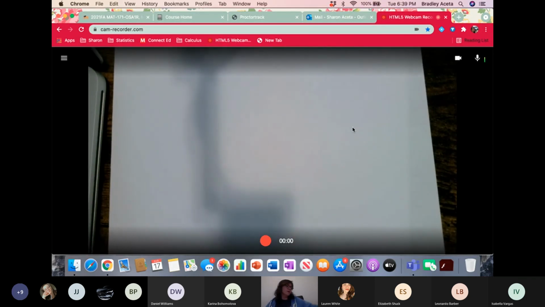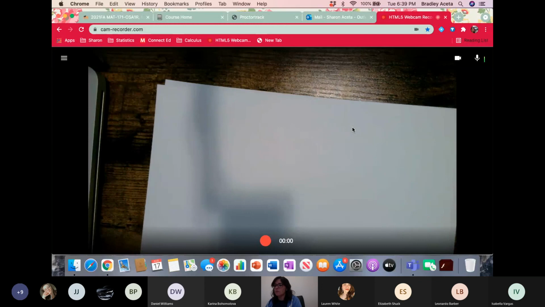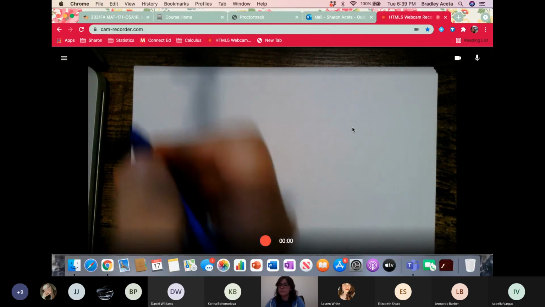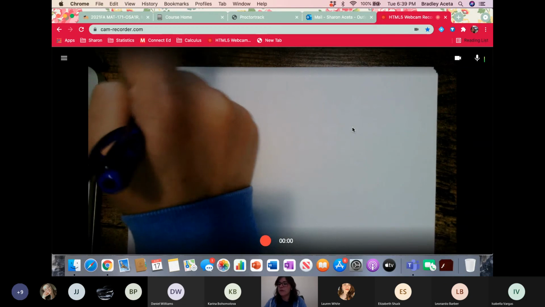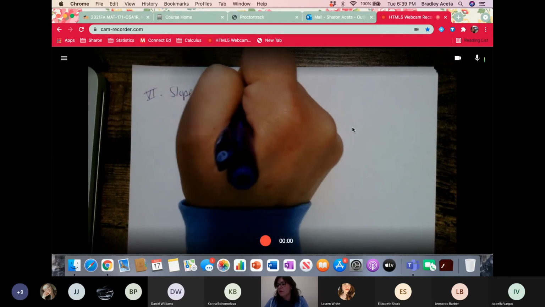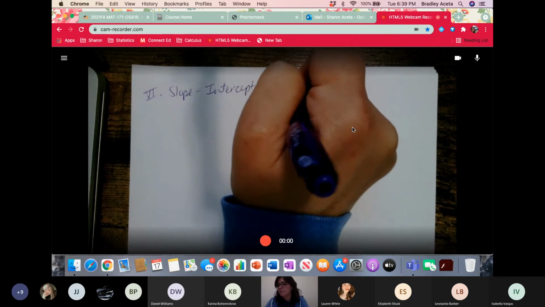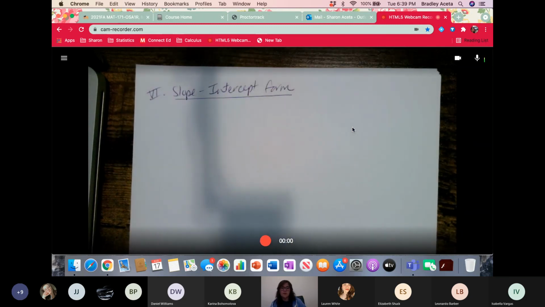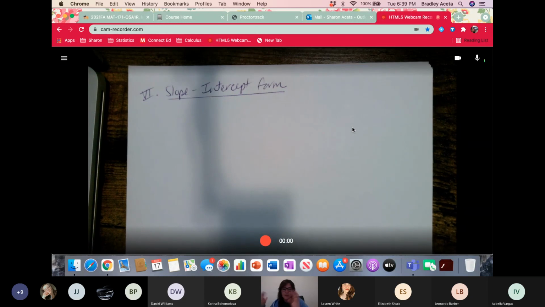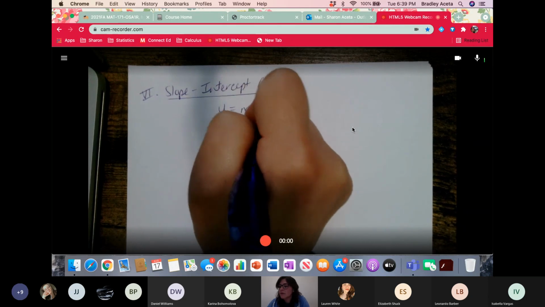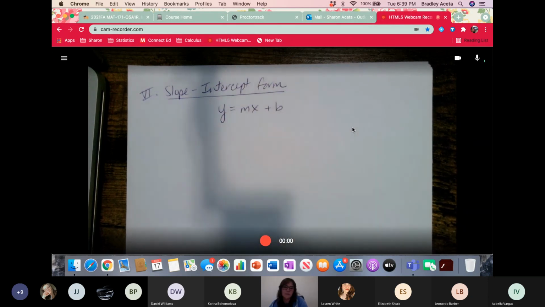We're going to talk about the slope-intercept form. So for slope-intercept form, I'm going to switch now to not writing it in function notation. I'm going to write it with y's. But your slope-intercept form is y equals mx plus b.